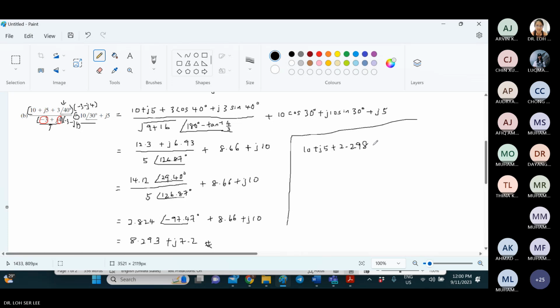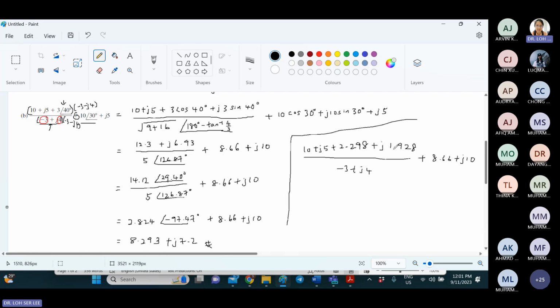And 3 sin 40 plus J1.928. This is -3 plus J4. And then plus, you change this one into polar, that's when you use all in polar form. This will be plus 8.66 plus J10. When you sum up all this, you get this.